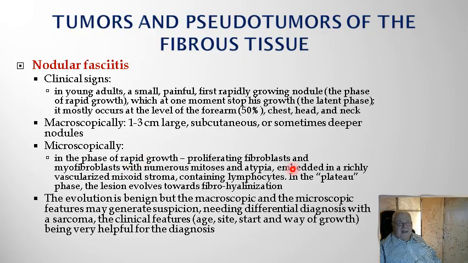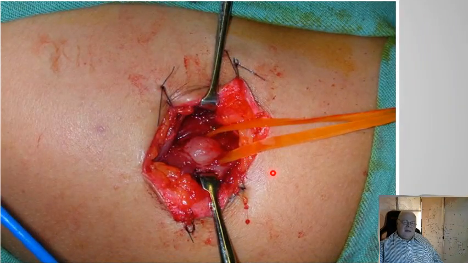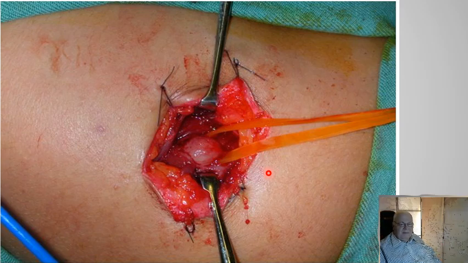But as I said, sometimes the clinician is so intensely convinced that it's a malignant tumor that he removes the nodule surgically, otherwise not necessarily to do it at all, because it's just an inflammation with its auto-healing in time.